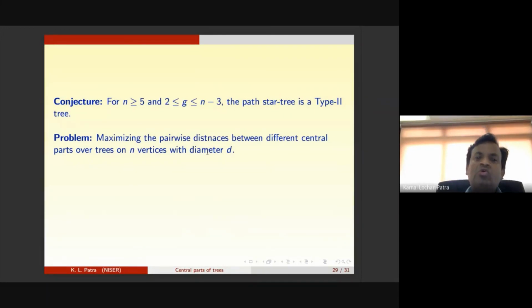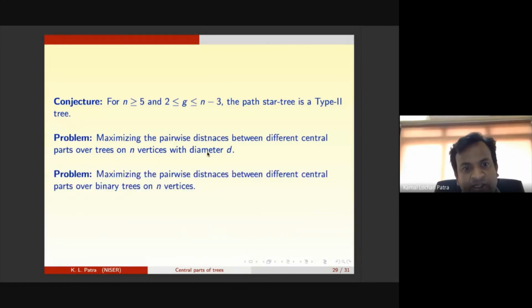They also considered binary trees on n vertices. They consider the problem of maximizing the pairwise distances between different central parts of binary trees on n vertices. A binary tree is a tree where each vertex is of either degree 1 or 3. If you take n greater than or equal to 4 vertices, binary trees are trees with every vertex of degree either 1 or 3.